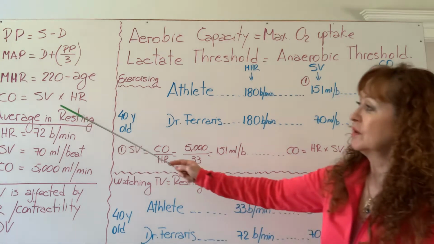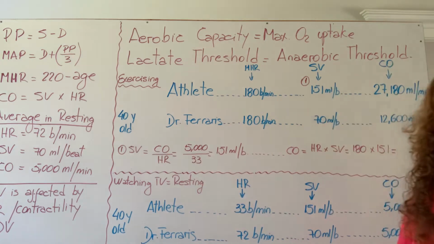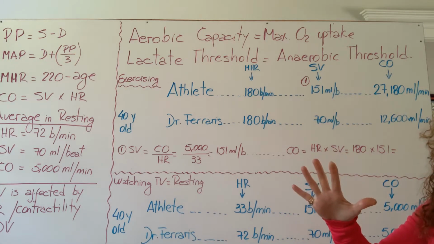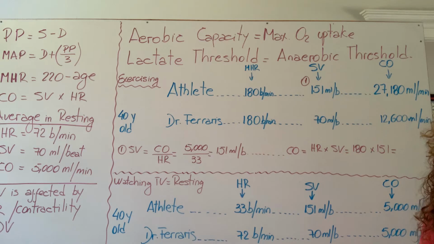And the stroke volume is very similar, but with a different time frame, because the stroke volume is defined as the volume of blood that is ejected by the ventricles per beat, not per minute, per beat.